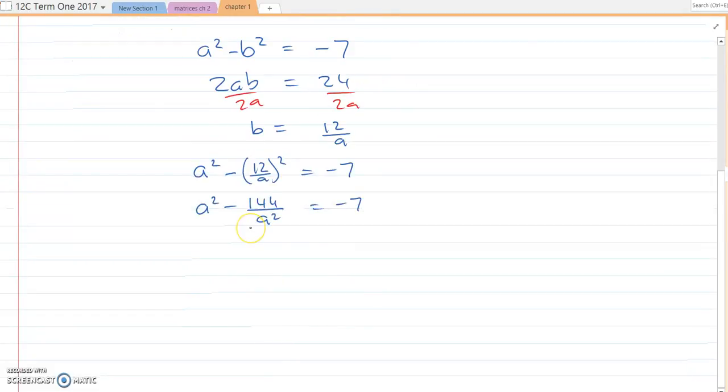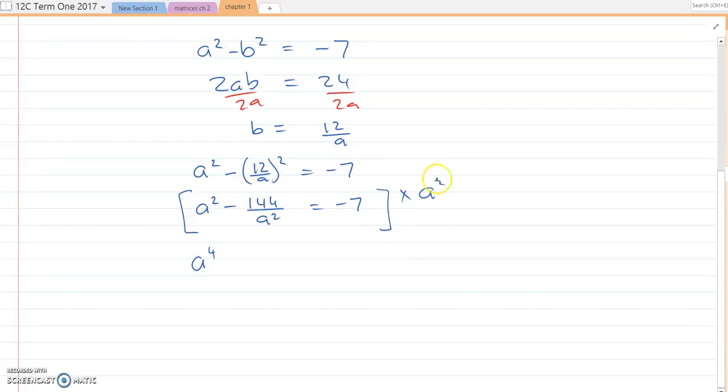We don't want anything in the denominator here, that's just messy, so we get rid of that denominator by multiplying everything in this equation by a squared, which gives us a to the power of 4, that's the a squared times a squared. When we multiply this term by the a squared, all it does is get rid of the denominator. On the right side, we're multiplying the minus 7 by this.